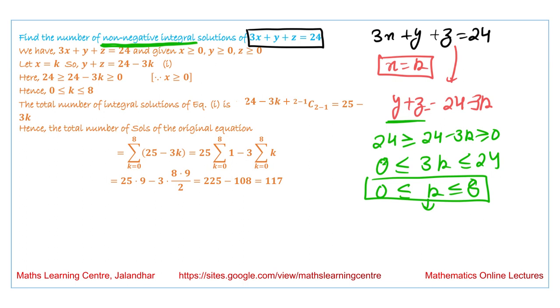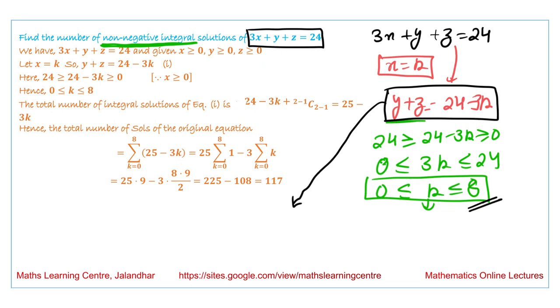To solve the remaining part, we take y plus z is equal to 24 minus 3k, where k lies between 0 and 8. The total number of solutions of this equation will be (24 minus 3k plus 2 minus 1) C (2 minus 1).